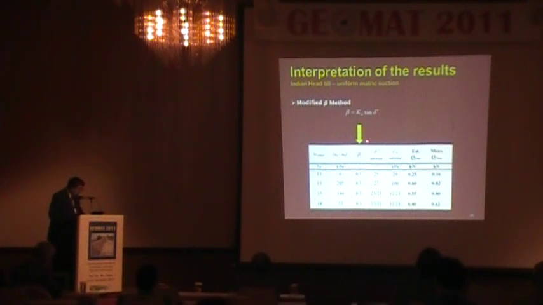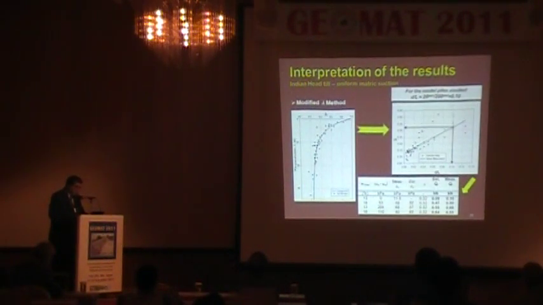The modified beta method, which is for the effective stress analysis, has also been done, and we calculated the values that are necessary for delta from interface direct shear test results.